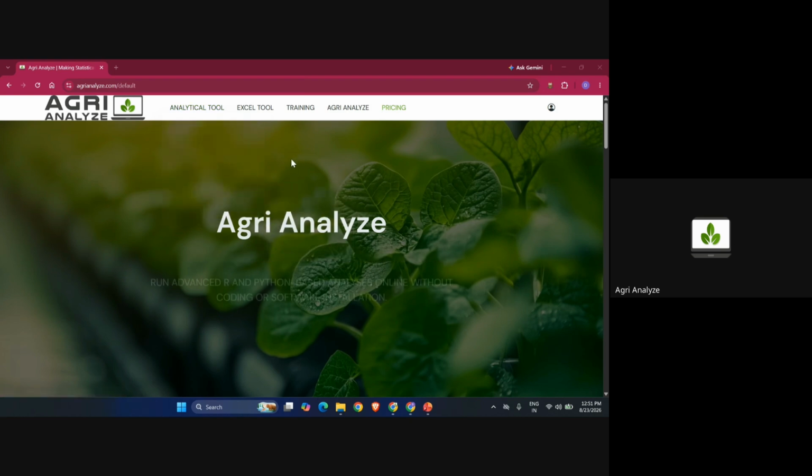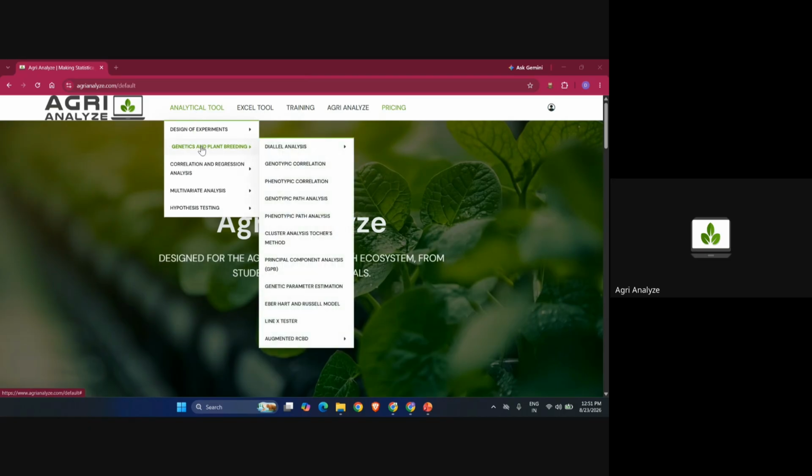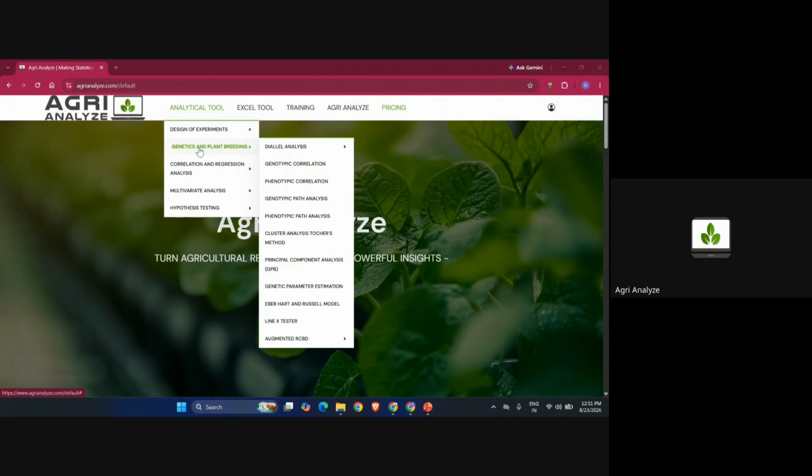So here we go with PCA. In the analytical tool, go to the genetics and plant breeding section. In this section, principal component analysis is given. Simply click on this icon. I hope all the participants follow these steps. I repeat: in analytical tool, genetics and plant breeding section, principal component analysis is given.